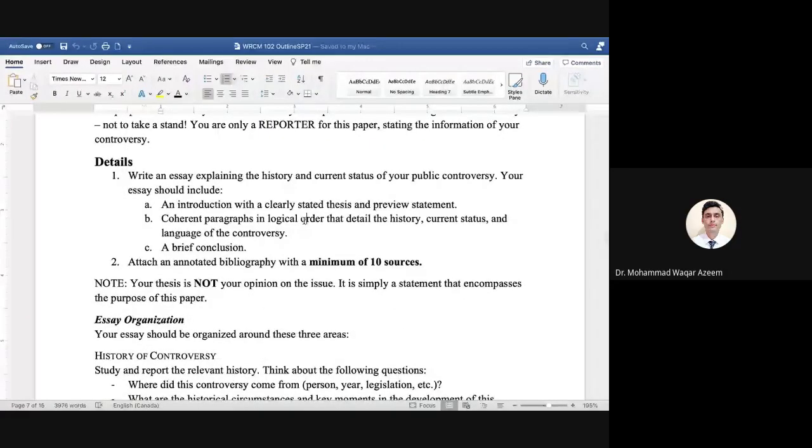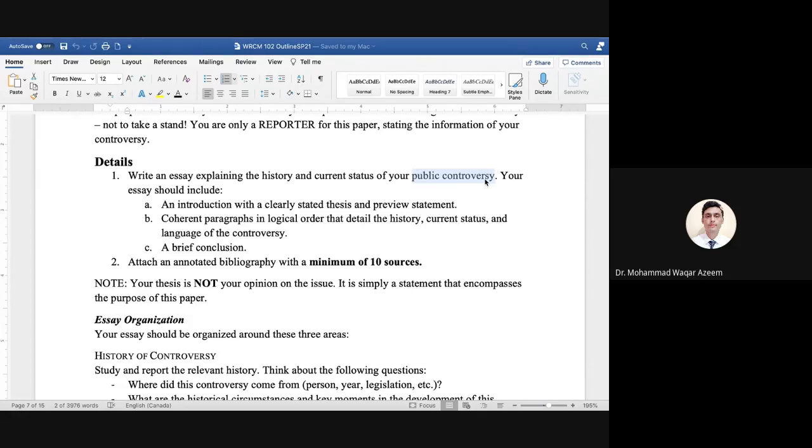So in further details, you have to write an essay explaining the history and current status of your public controversy. Your essay should include the following. You might notice this expression, public controversy. We kept in mind right from the beginning that the topic you choose should have some social presence.